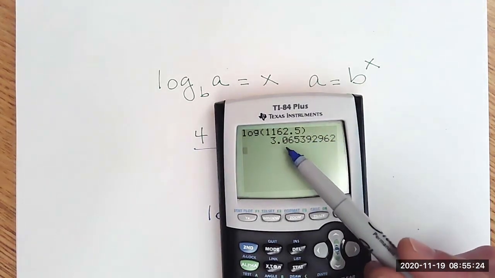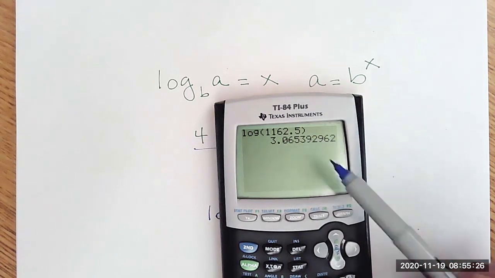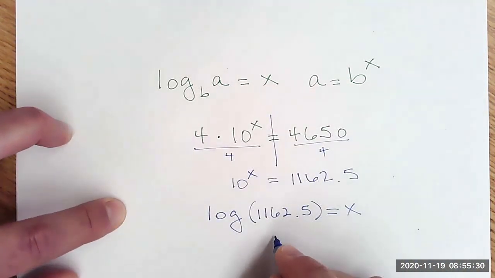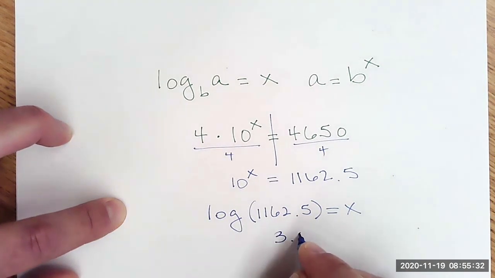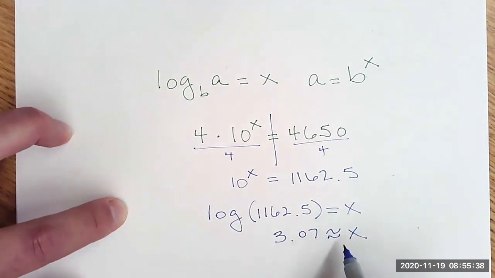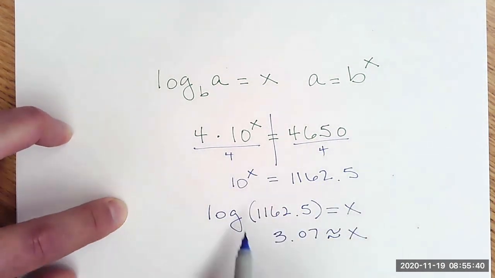Approximately 3 and let's say 7 hundredths. Now we can test this in here and see if that's the case.